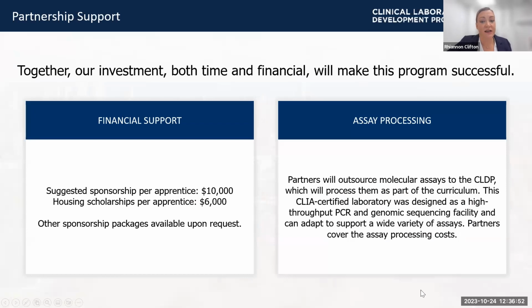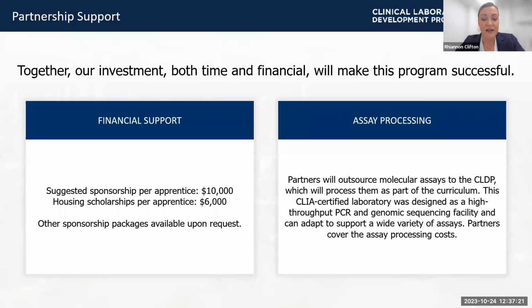And what that looks like is, as I mentioned, our suggested sponsorship to organizations per apprentice is $10,000 of that $25,000, and the housing scholarships are $6,000 each. We are working with our partners on developing those sponsorships and partnerships that really benefit both the program and our apprentices, as well as those labs and hospitals.